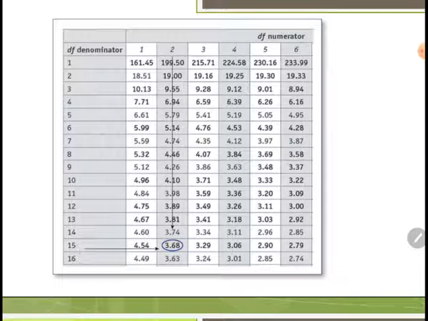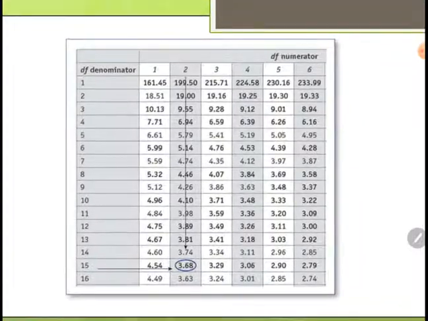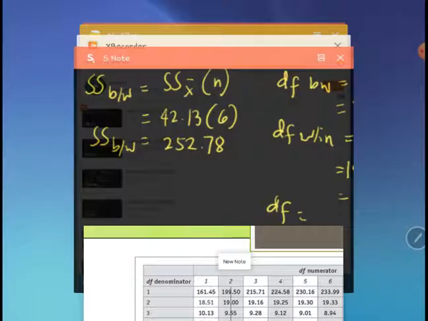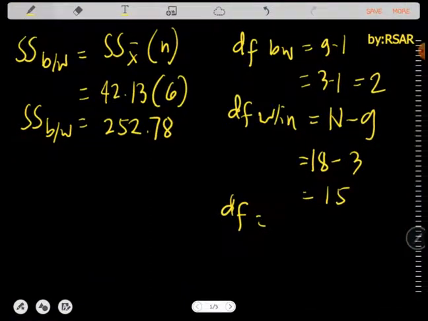Kukunin lang natin yung ating DF between ay yung ating vertical which is 2. Itong 2. And then 50 naman yung ating horizontal which is the difference within. Okay, so we get the value of DF is just equals to 3.36. Okay, so take note of that.